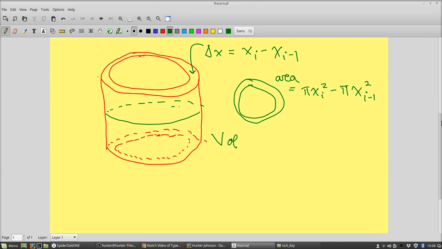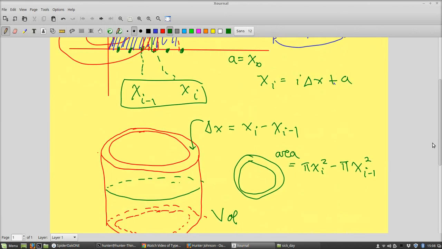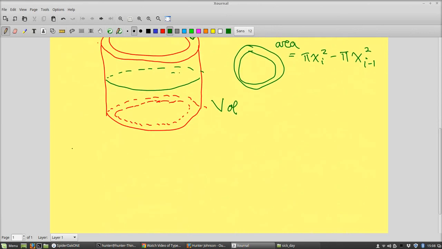What is the height? The height is f of the average of these two. So here, let me write all that out. So let's call x sub i star the average of x sub i and x sub i minus 1, divided by 2.